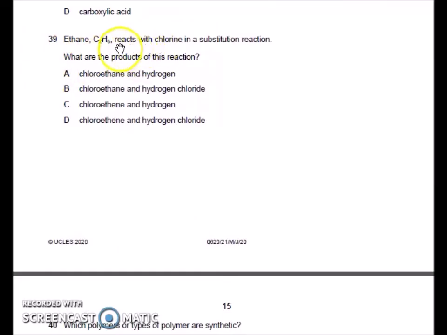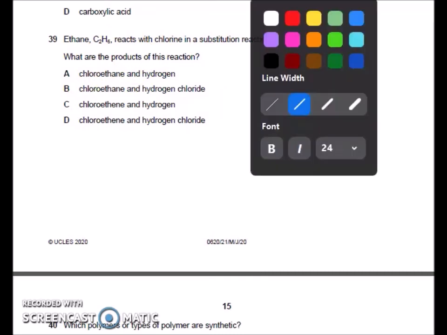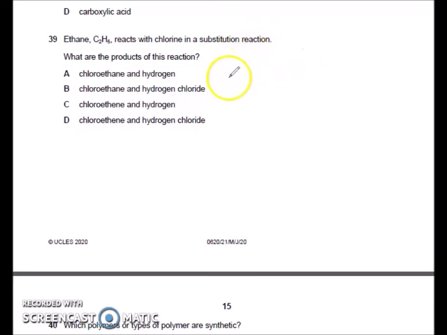Ethane reacts with chlorine in a substitution reaction. What are the products of this reaction? So if you look at it here, the product will be chloro.